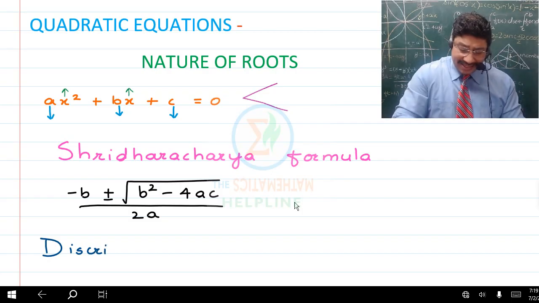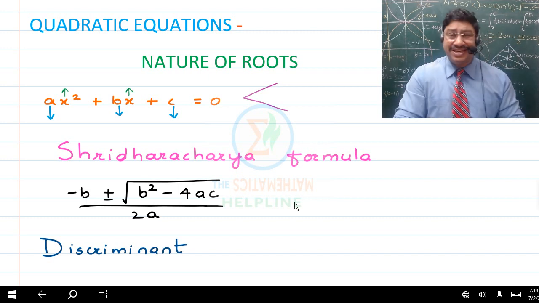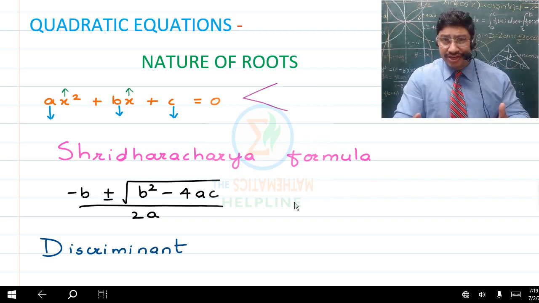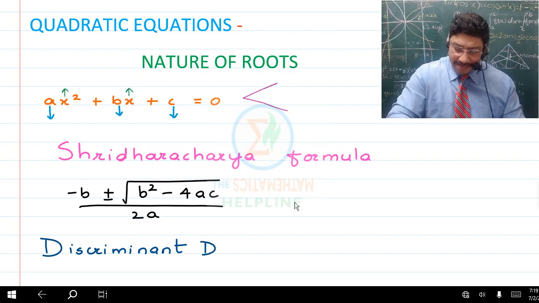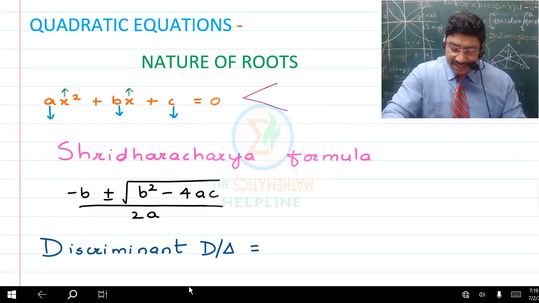It has this name because it is the one which helps in discriminating or differentiating between the different roots. The variable which represents the discriminant is capital D, or sometimes it is written as the Greek alphabet delta. The value of this is b square minus 4ac.